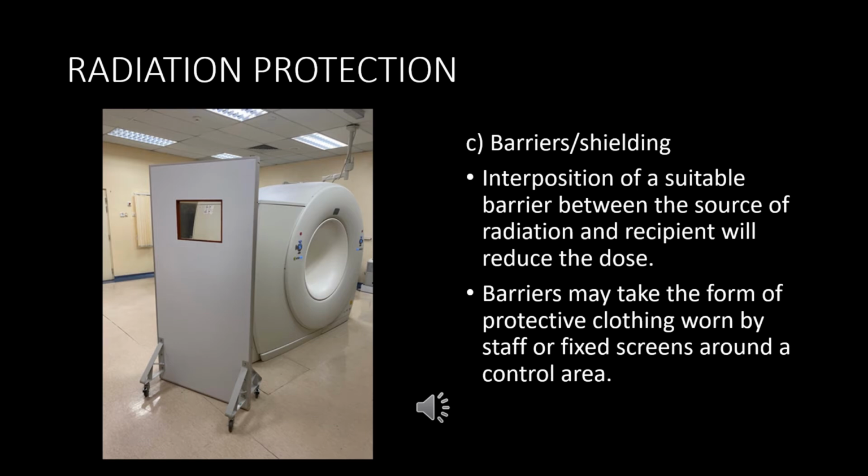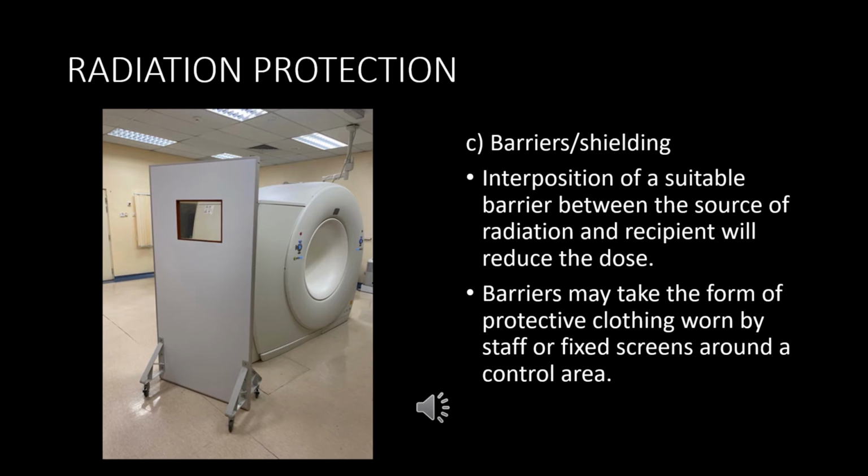Radiation protection method number three is by having barriers or shielding. This is by interposition of a suitable barrier between the source of radiation and the recipient, which will reduce the dose. Barriers may take the form of protective clothing worn by staff or fixed screens around the control area.